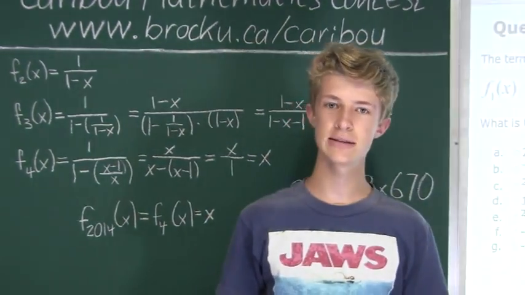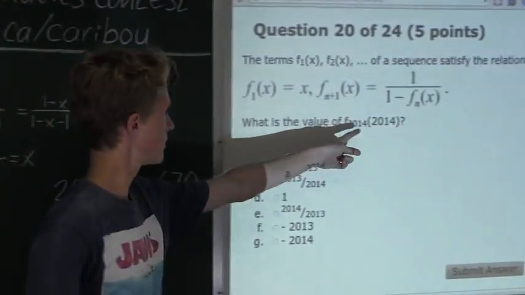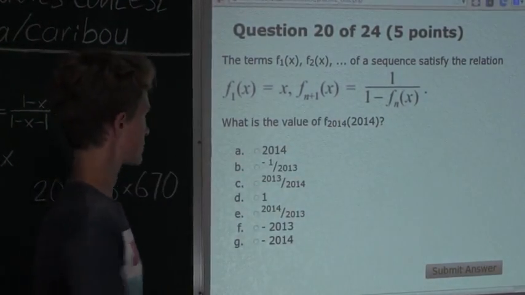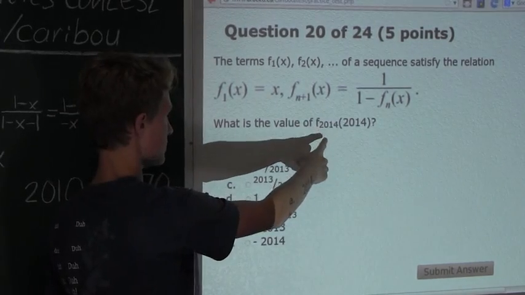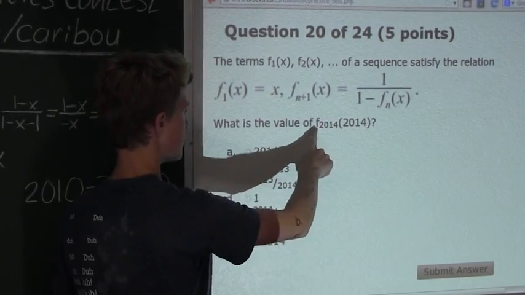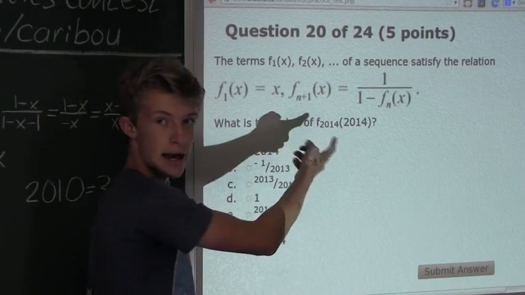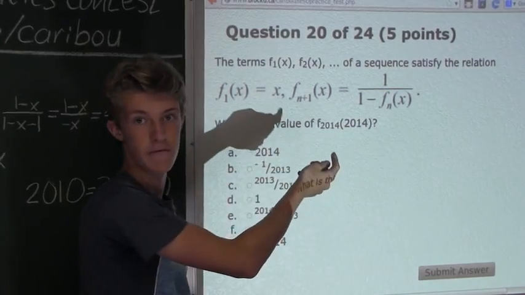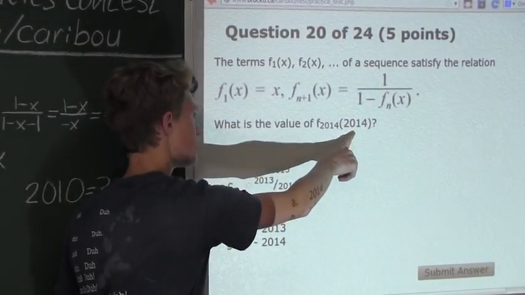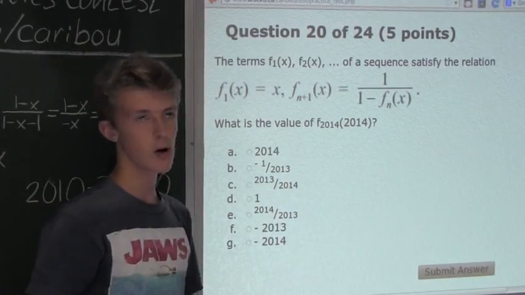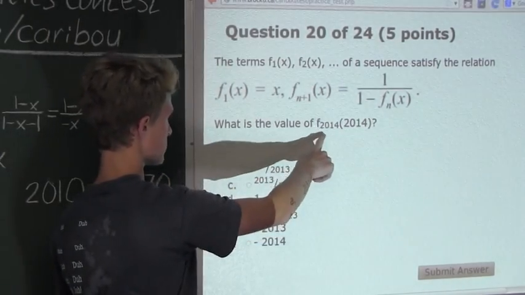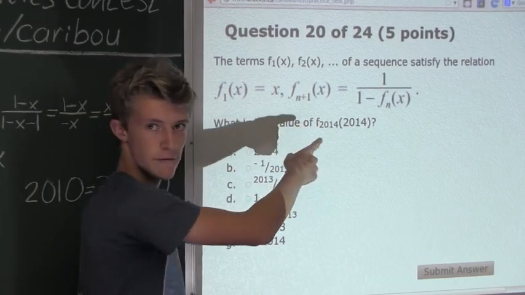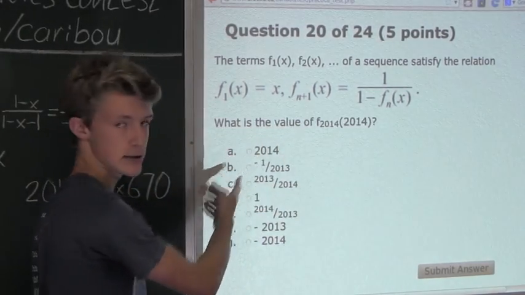Now it's easy because we look at the question and it asks what is f 2014 of 2014, and we know that the function of x would be x, so whatever this number is must also be the value, and since this number is 2014, we know that the value of f 2014 of 2014 must be 2014, which is option A.